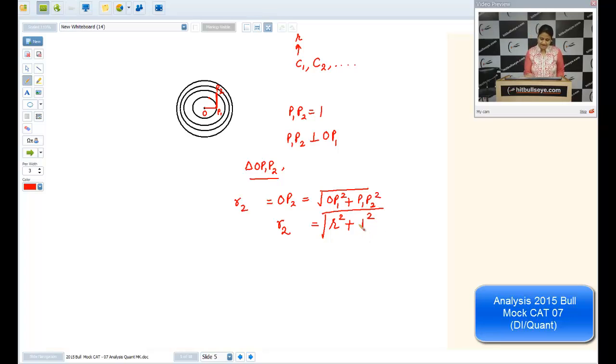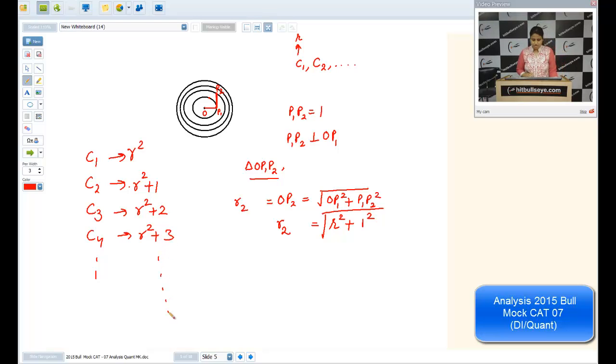So if I write the squares of their radii, it will be r square, then r square plus 1, r square plus 2, r square plus 3, and so on. So now we can find the required area. First of all, I am counting this, that will be S1.